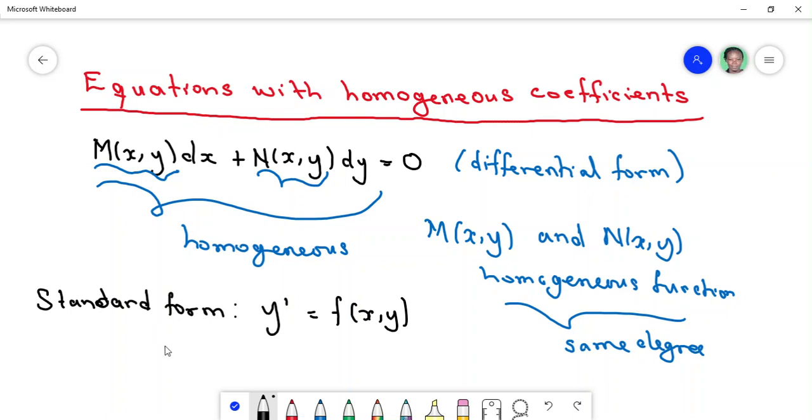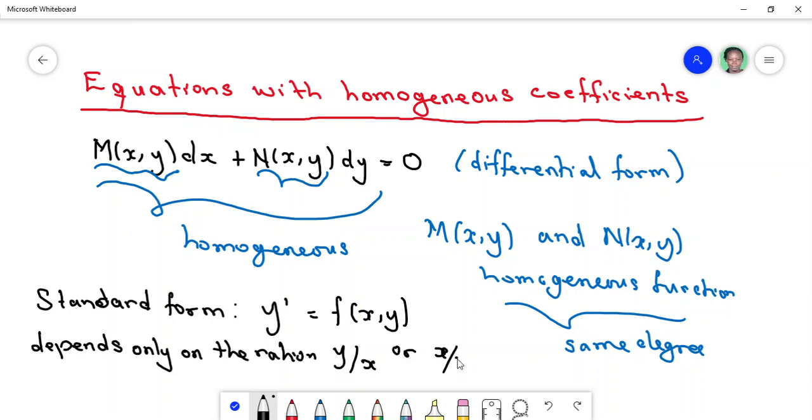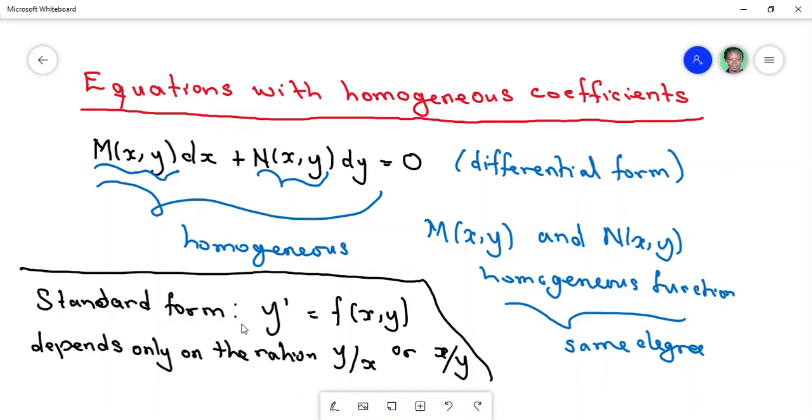Okay, and with this differential form, you realize that it depends only on the ratio, so you have the ratio y over x, or x over y. Then we can also see that it is homogeneous.